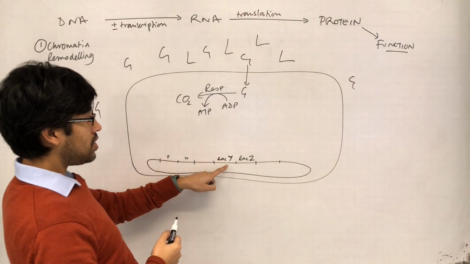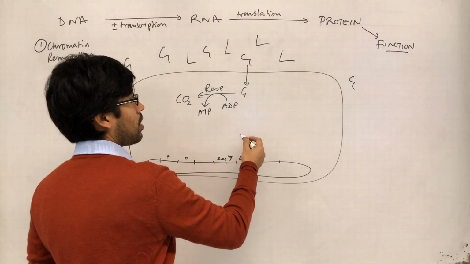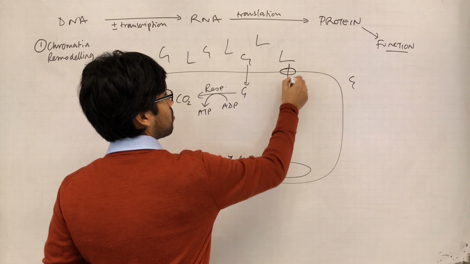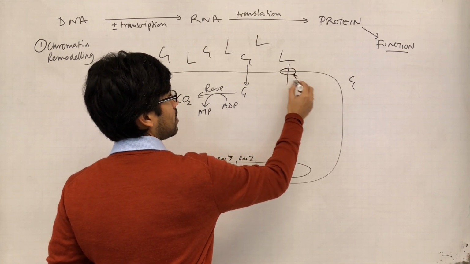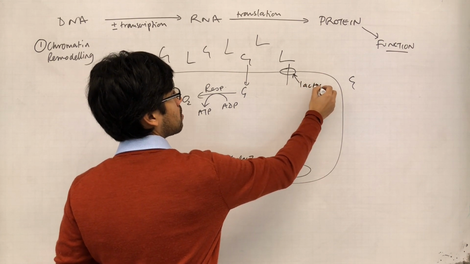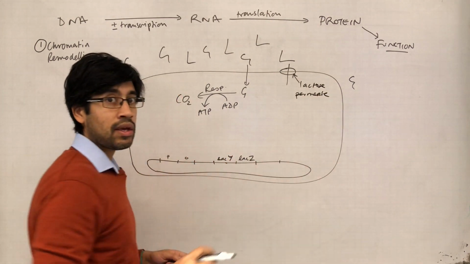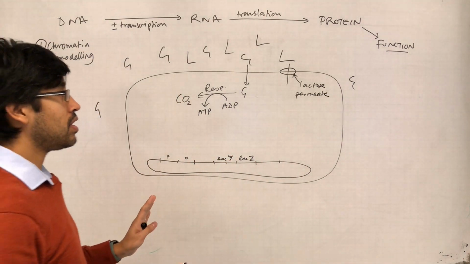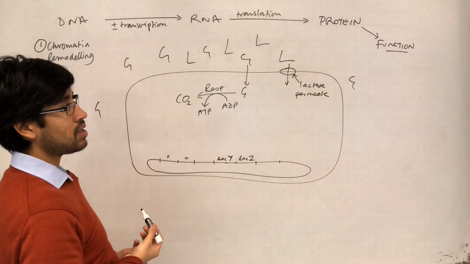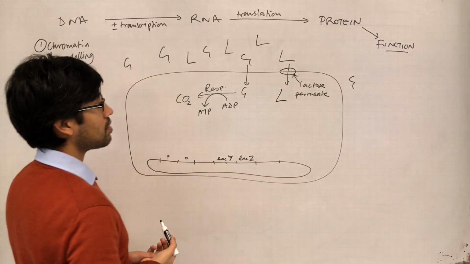The gene Lac Y is the gene for a protein called lactose permease. It does exactly what it implies: it allows lactose to enter the bacterial cell. That's great. So now lactose can be inside the cell.